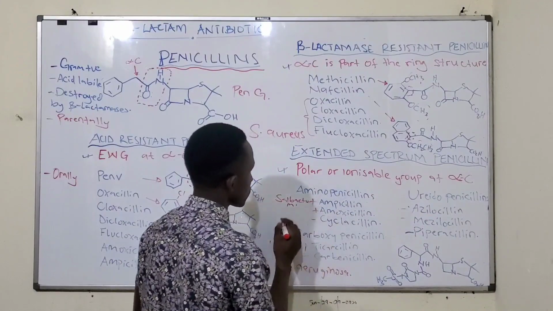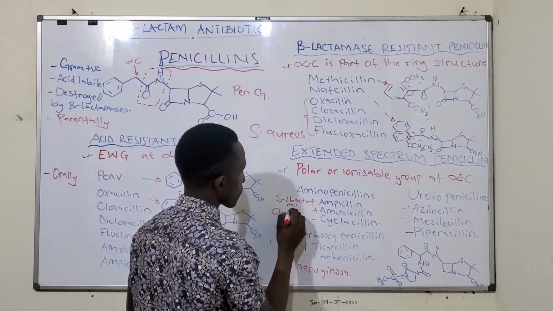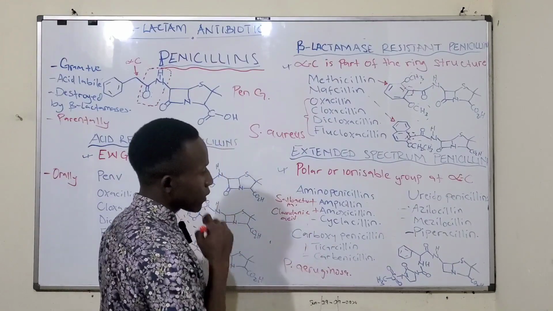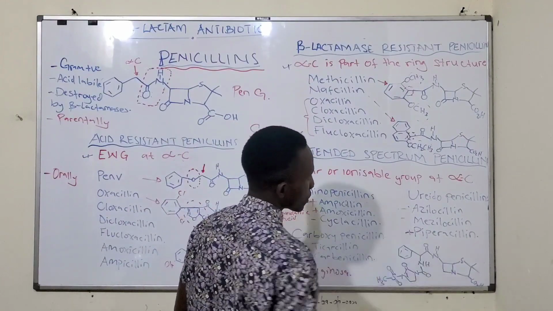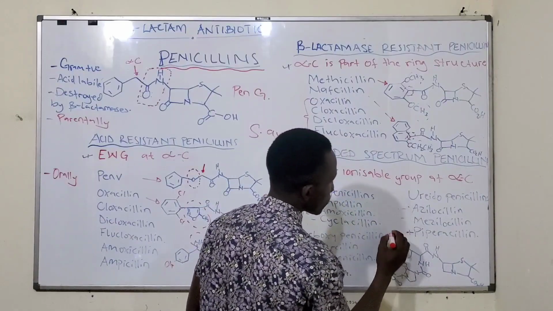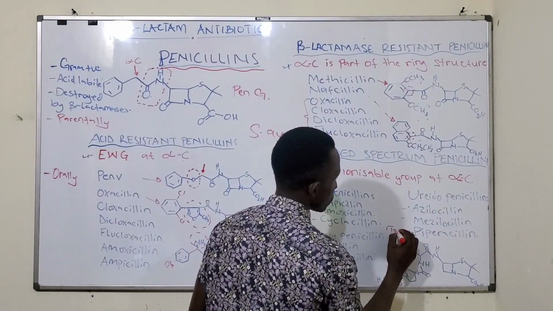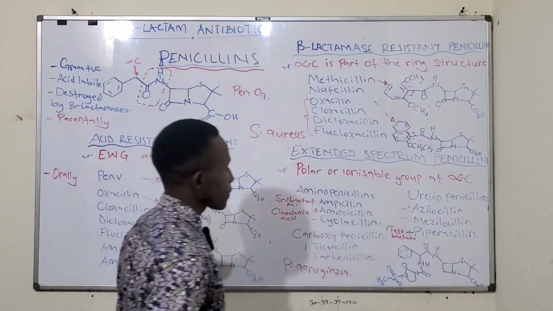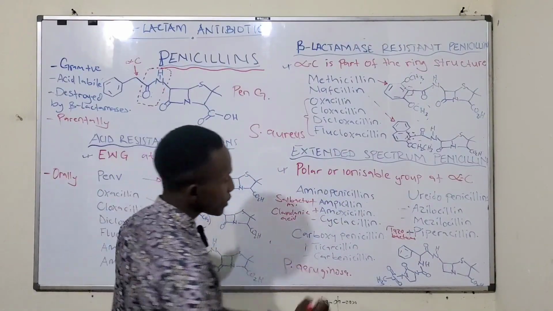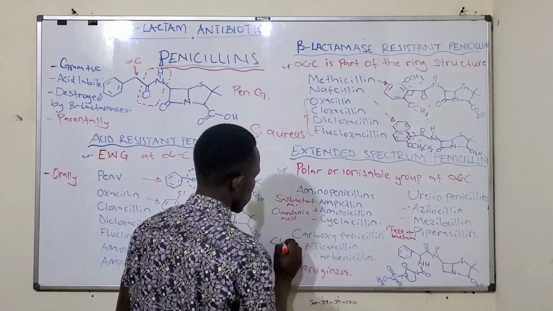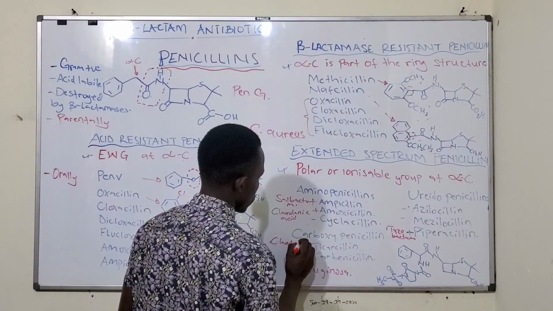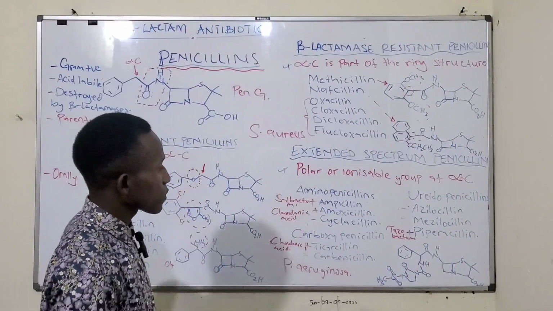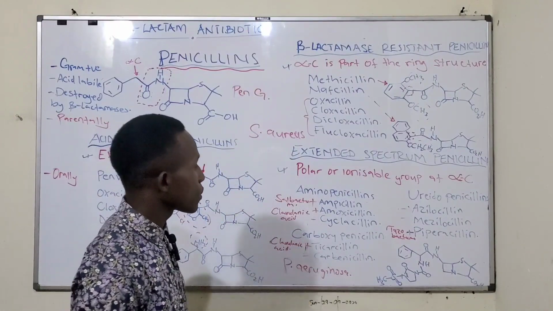Then amoxicillin is there with clavulanic acid. You find piperacillin with tazobactam. Then you find ticarcillin with clavulanic acid. You find them in fixed doses.